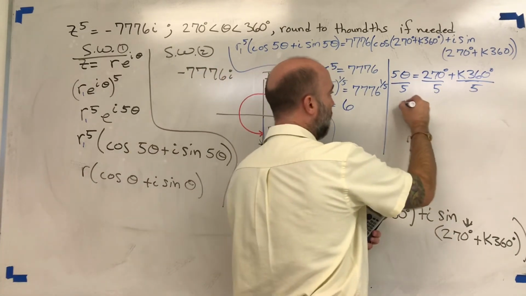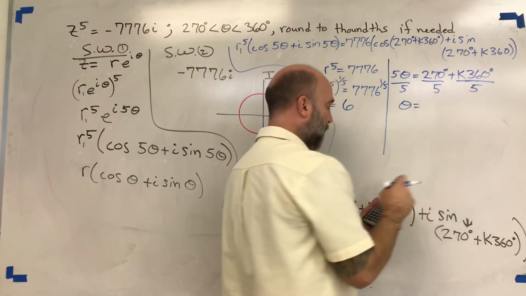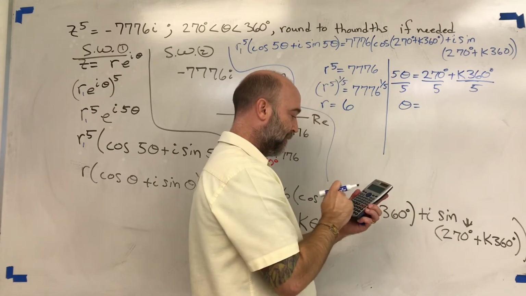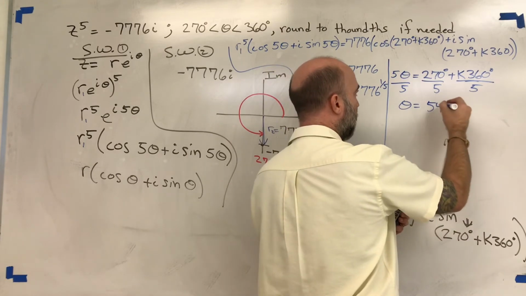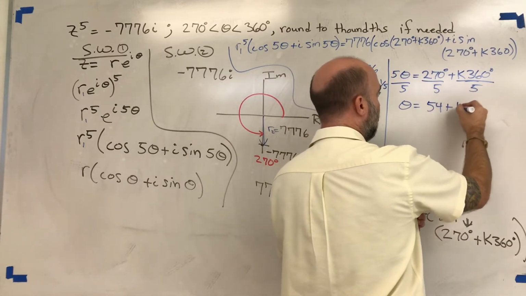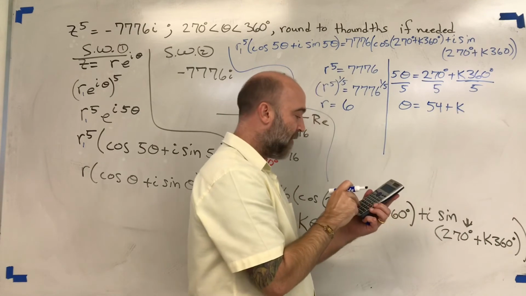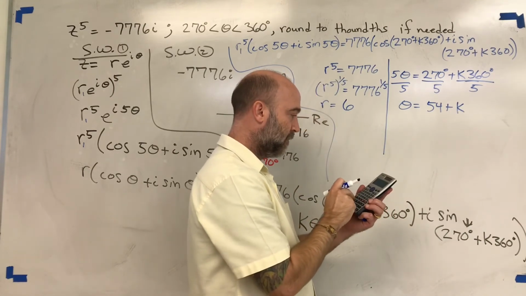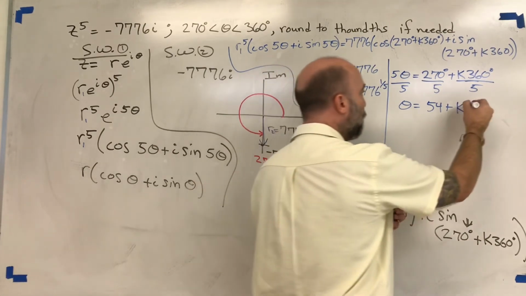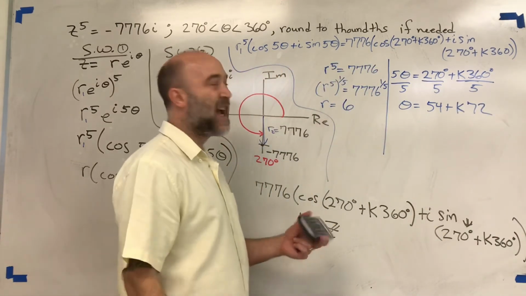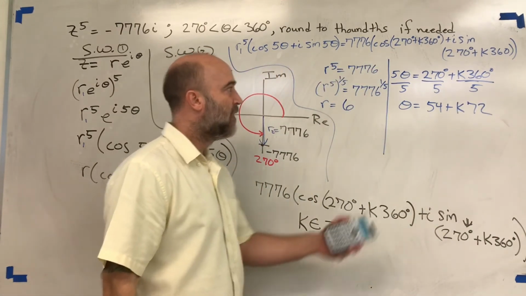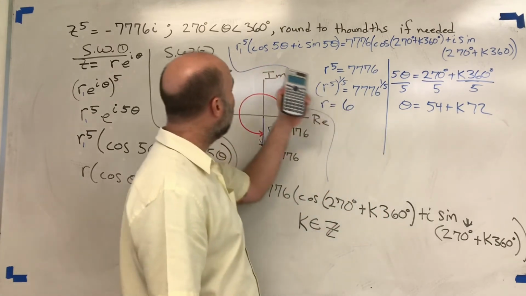And we got theta equals 270 divided by 5, 54, plus k times 360 divided by 5, 72.